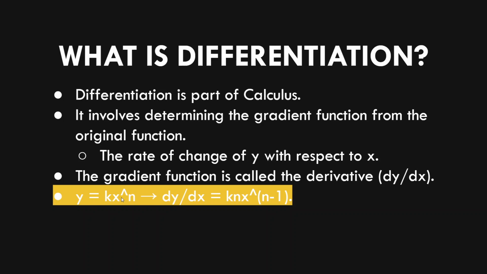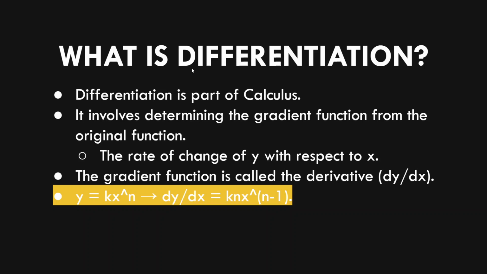For each term, you have to multiply the term by n, the exponent, and then minus 1 from the exponent. So from y is equal to kx to the power of n, we get knx to the power of n minus 1.